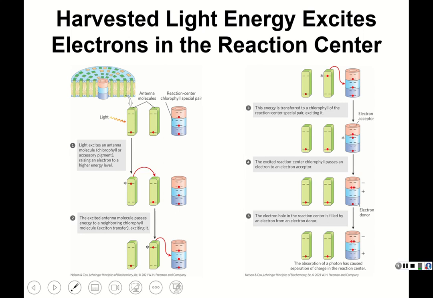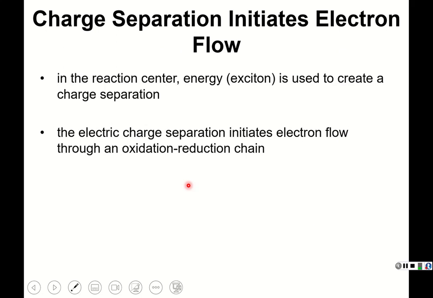You get an excitation in an antenna molecule that can then be transferred via excitation transfer to the subsequent antenna molecules until you reach the reaction center. And what you're doing in this case is charge separation.